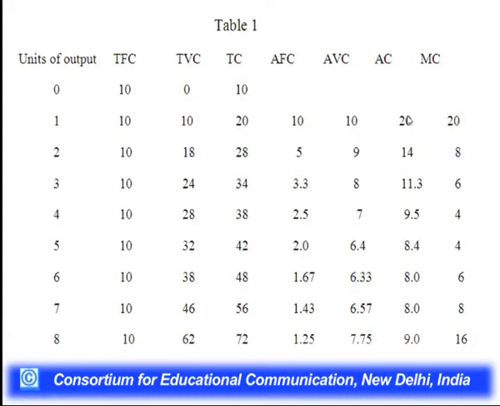Average cost is the addition of AFC plus AVC, so we can add AFC and AVC and get the average cost of production. For the first unit it is 20, then it declines to 14, 11.3, it goes on declining till the 7th unit of output, and after that it has started increasing.